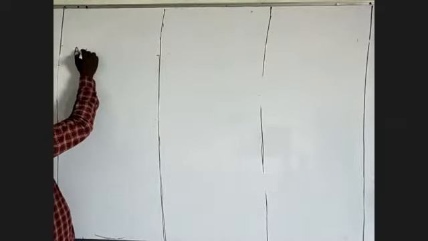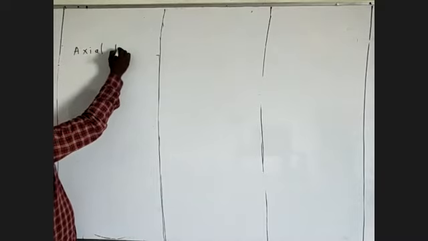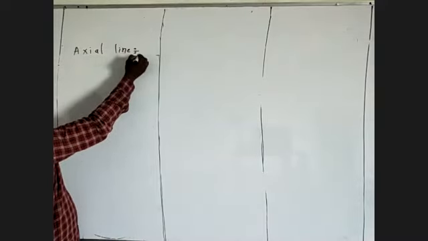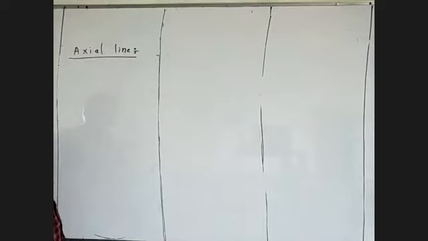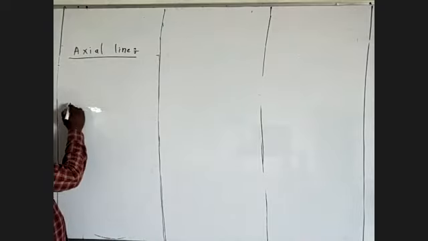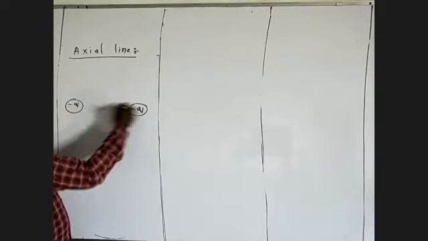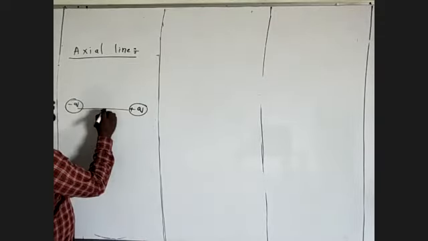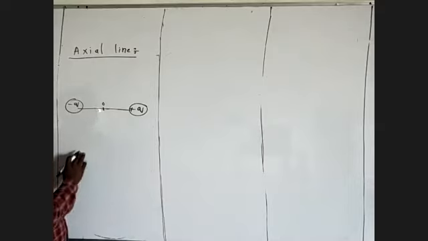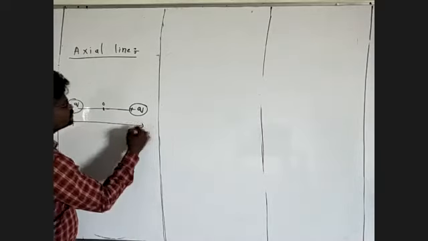Axial line. What is the meaning of axial line? This is a negative charge, this is a positive charge, and this is the center of the dipole.